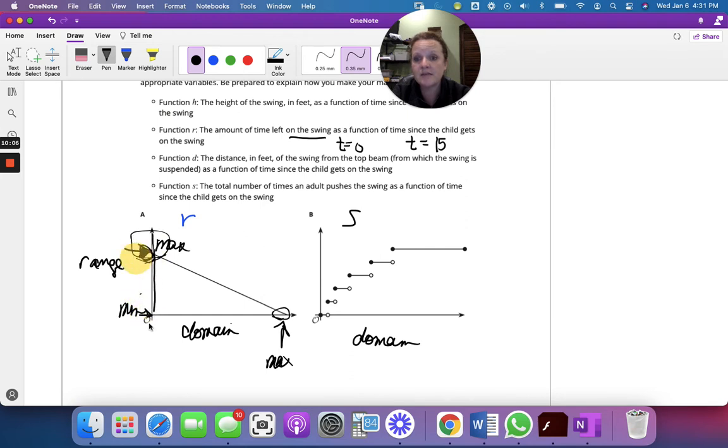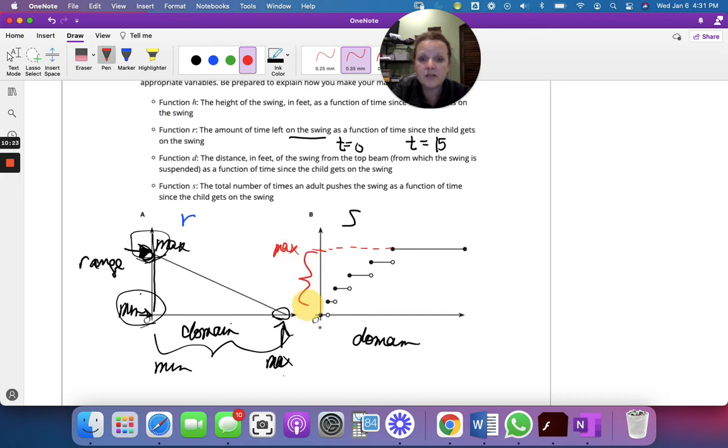So I've got my maximum point and my minimum point. And then here I have my minimum point and my maximum point. Those will help me determine. Here, same thing. If I look at the vertical axis, I trace this one back. This is my max. It's going to help me determine what type of range. And there's my min. Same thing here. I've got the min and then my max.